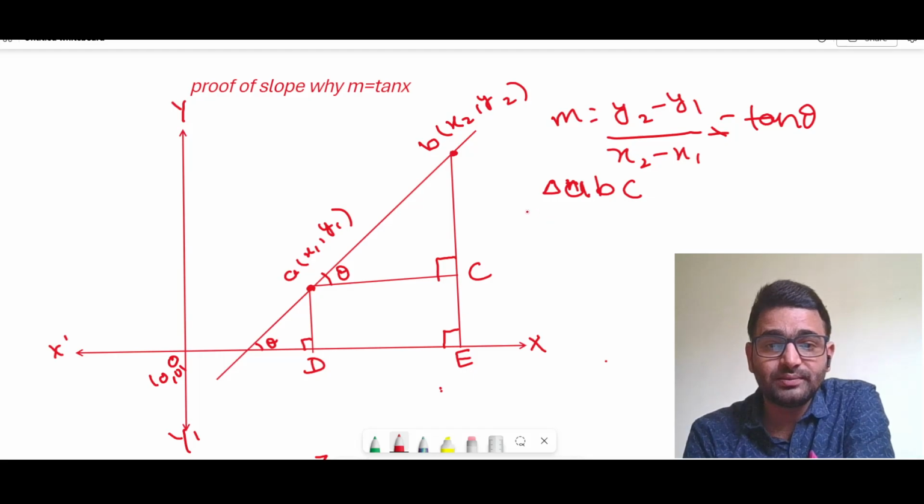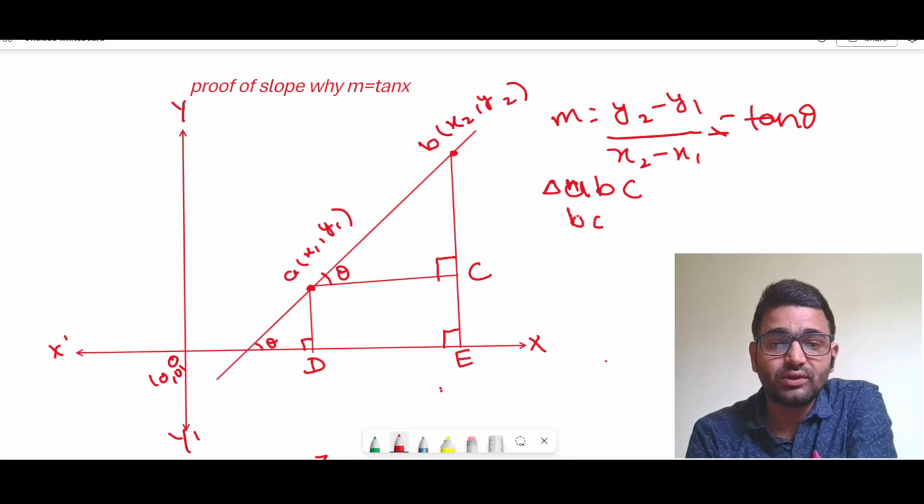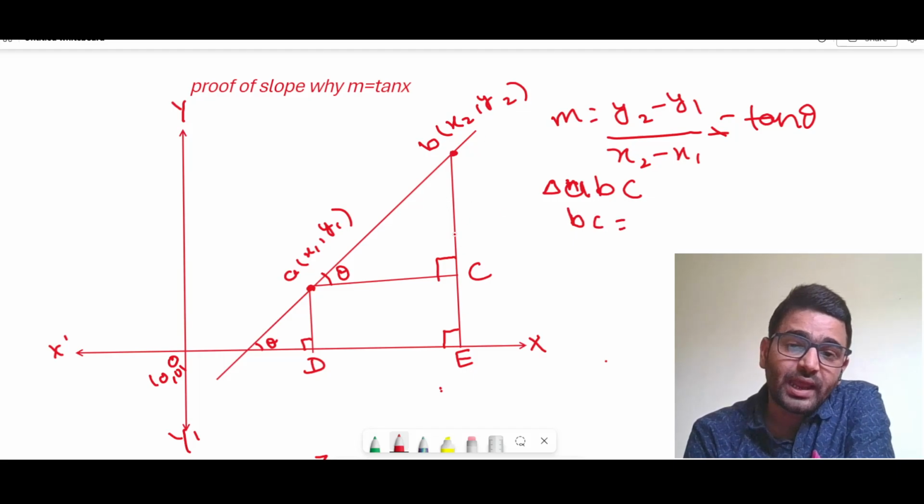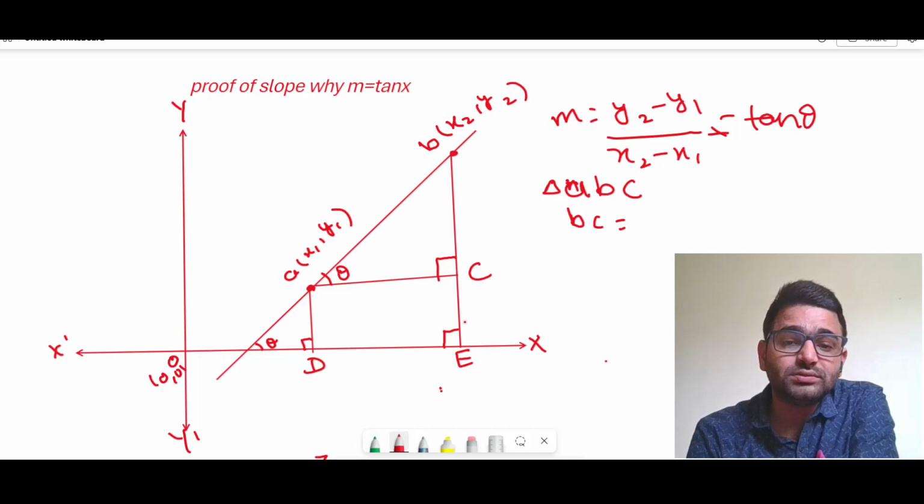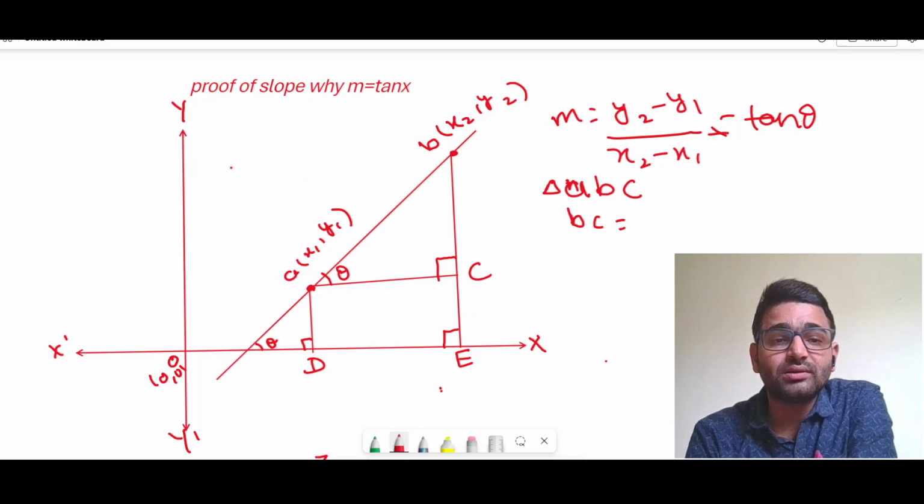If I ask you the length of BC, see here we have to find BC. B is the distance of y from the origin, so that distance from the origin is y2, correct?